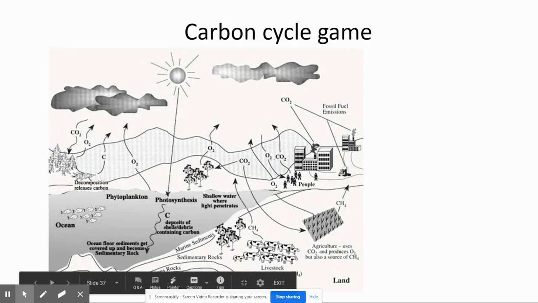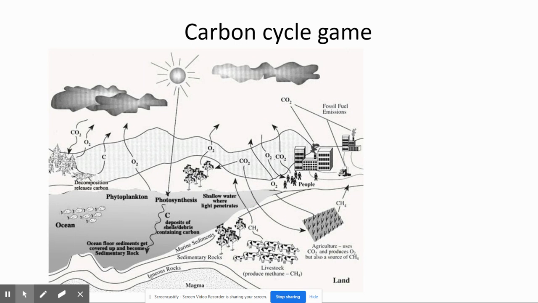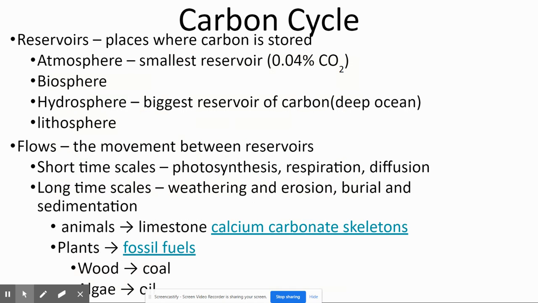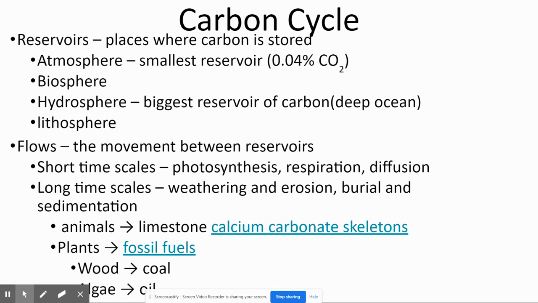And that is burial and sedimentation. The other thing you could say with burial and sedimentation is fossil fuels. Fossil fuels are made out of dead plants, basically. Coal is basically made out of wood. The coal in Kentucky was formed during the Carboniferous, and at that time, Kentucky was right around the equator.